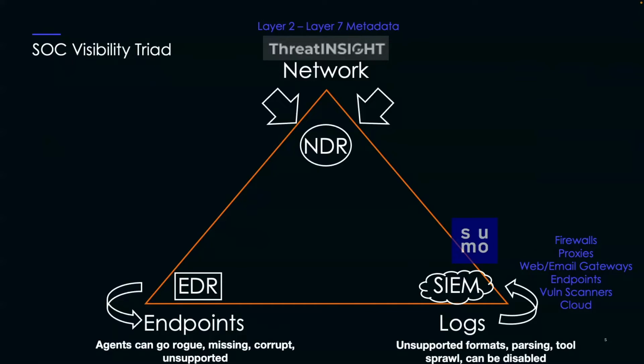The key here is working with SIEMs like Sumo Logic, getting data from EDR providers and from our own sensor network and telemetry, passing it over to Sumo Logic, and making sure that other data is also feeding into a SIEM, making it that much more impactful.